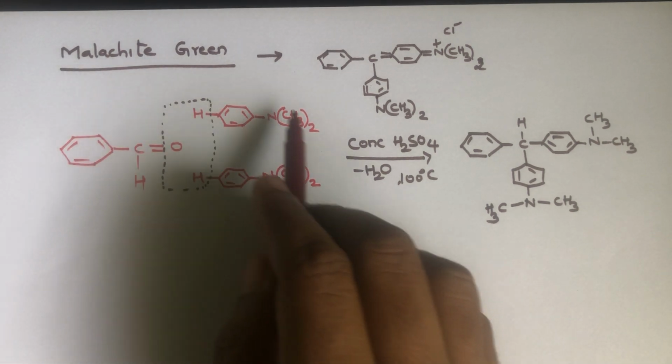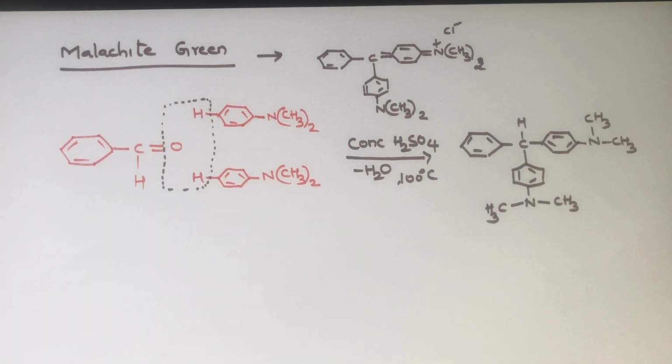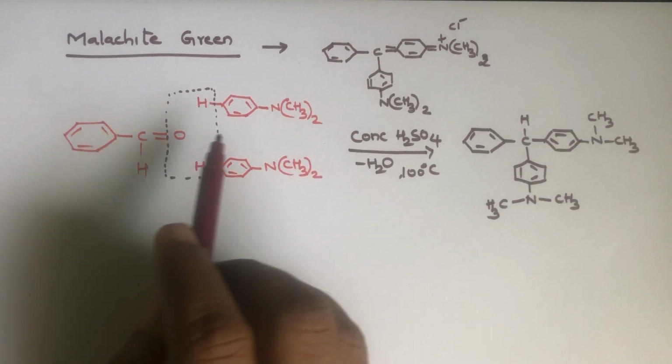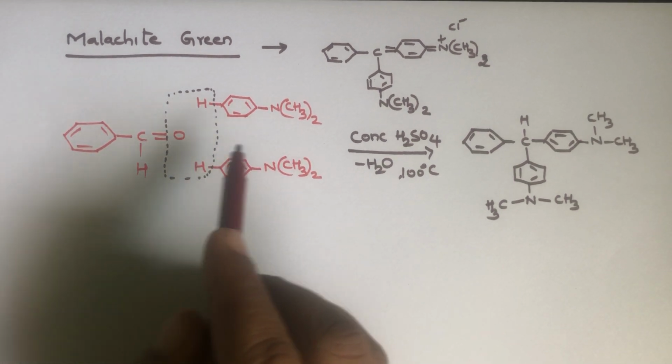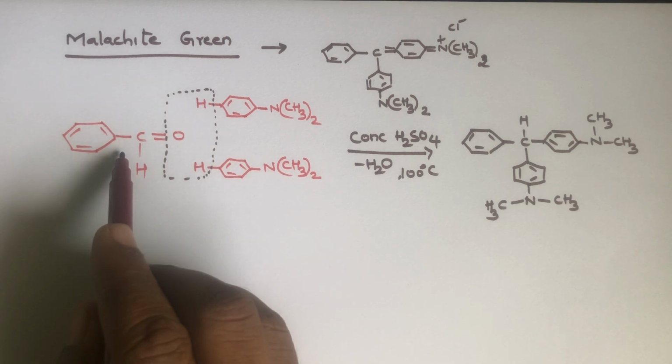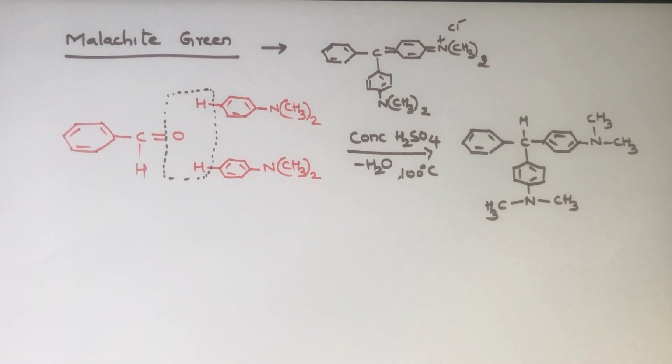Condensation of three molecules takes place and a leuco base, which is colorless, is formed. So it can be prepared by condensation of two molecules of N,N-dimethylaniline with one molecule of benzaldehyde.